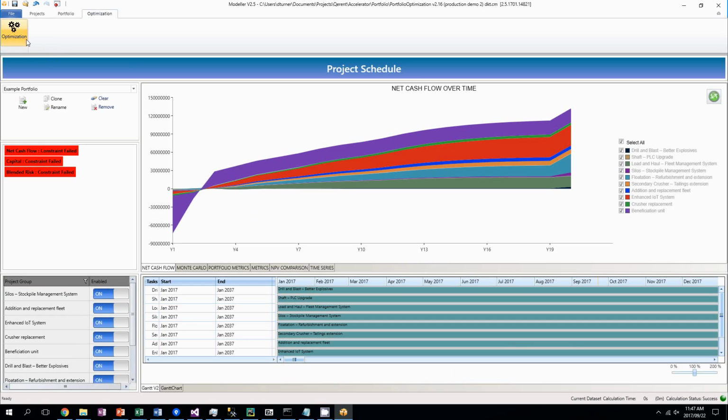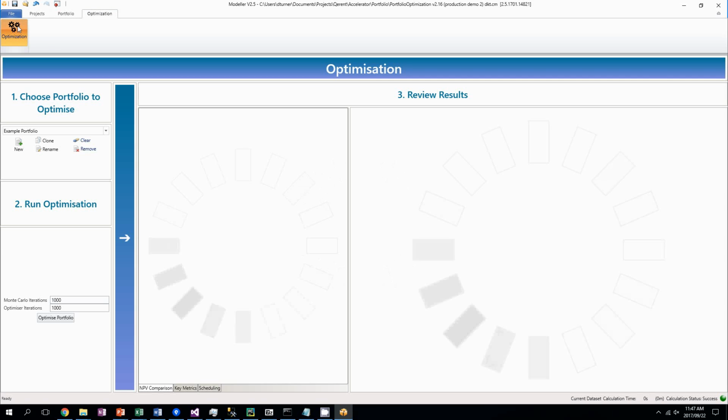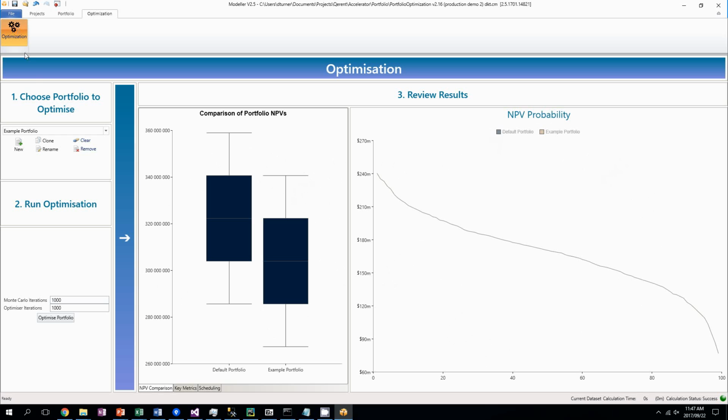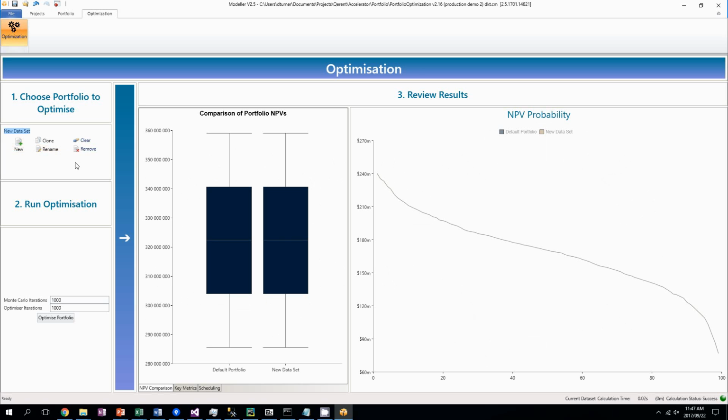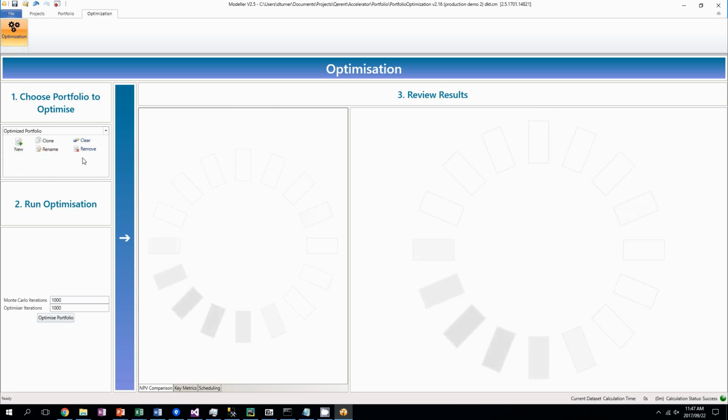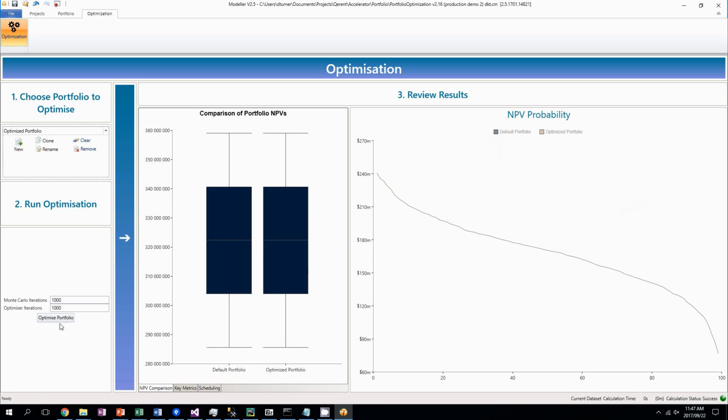So for that reason, we have an optimization capability built into the system, and all that one has to do is create a new portfolio, and we could give it a name, optimized portfolio, for example, and then allow the optimizer to run.